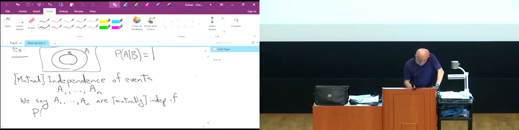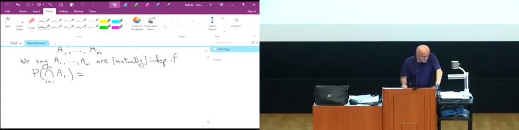the probability of their intersection is equal to what? Well, actually, it's not just any intersection. It's not the intersection of all of them.